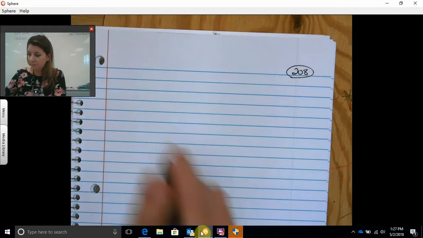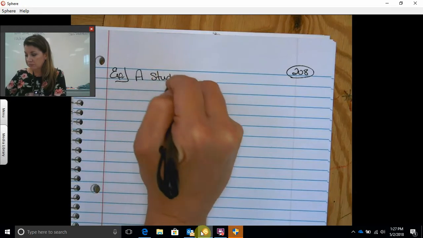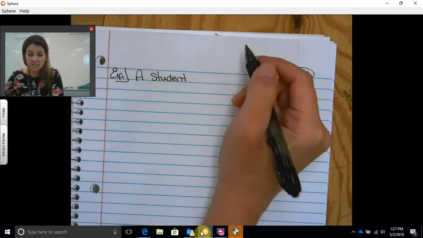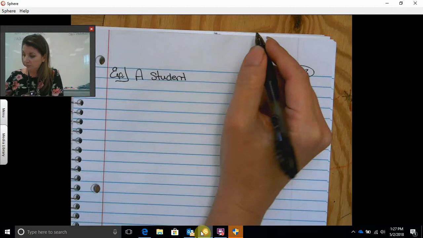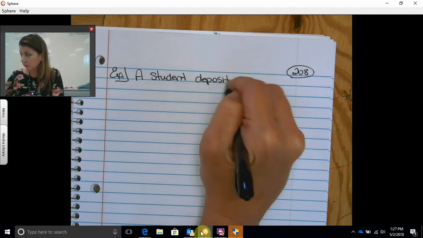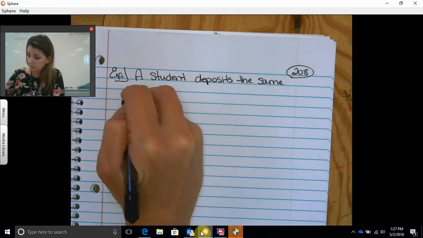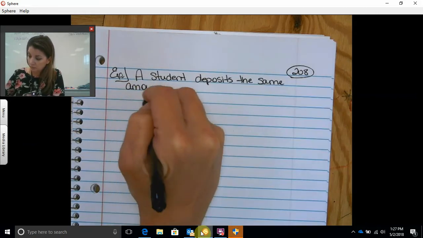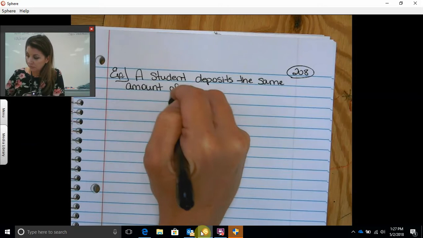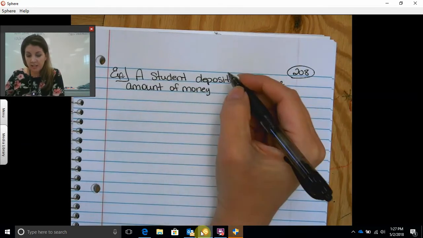A student deposits the same amount of money into her bank account each week.